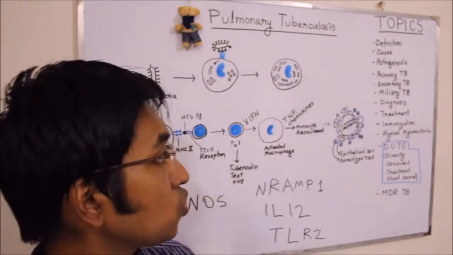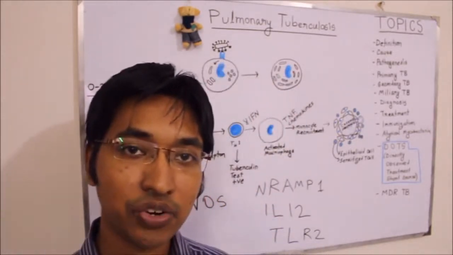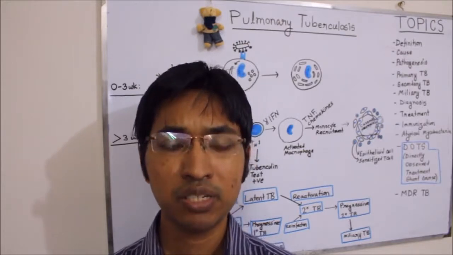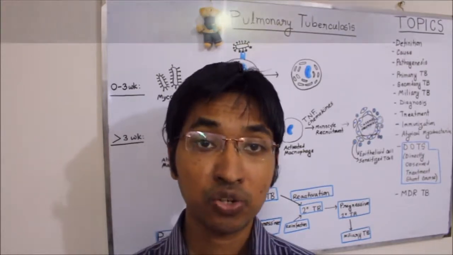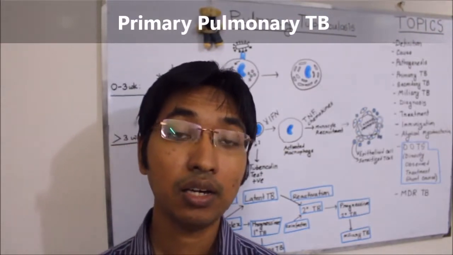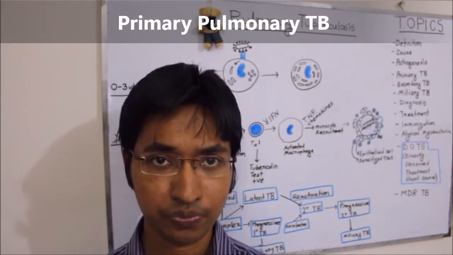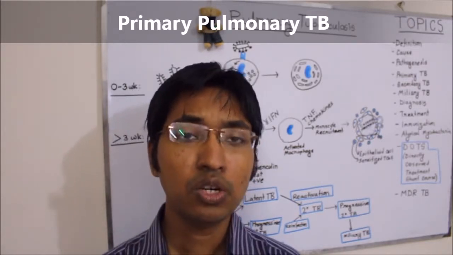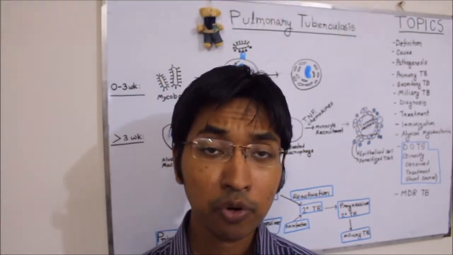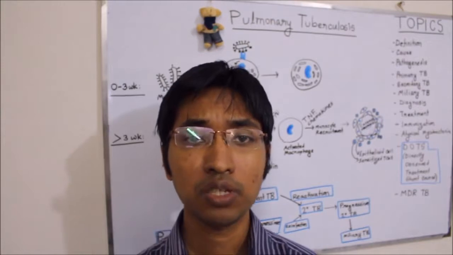So moving on to the next topic, now we will discuss primary and secondary tuberculosis. Primary pulmonary TB refers to the pattern of TB that we see in a previously unexposed and therefore unsensitized individual. The primary infection usually occurs in the upper part of the lower lobe and lower part of the upper lobe of the lungs.